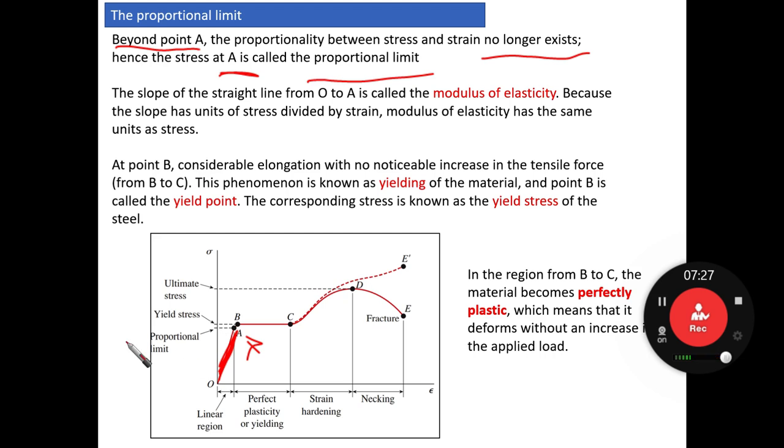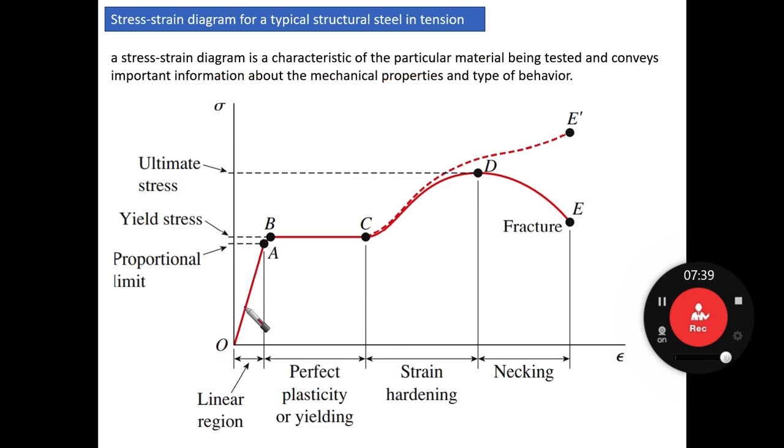The slope of the straight line from 0 to A is called the modulus of elasticity. So the slope of this first part, this proportional relation, we call it the modulus of elasticity, because it is really important for different materials to know about it.